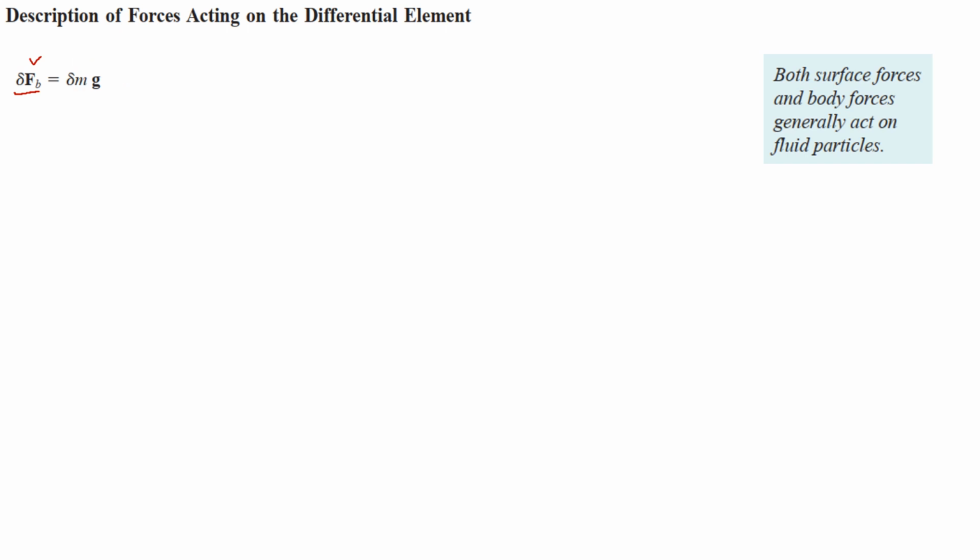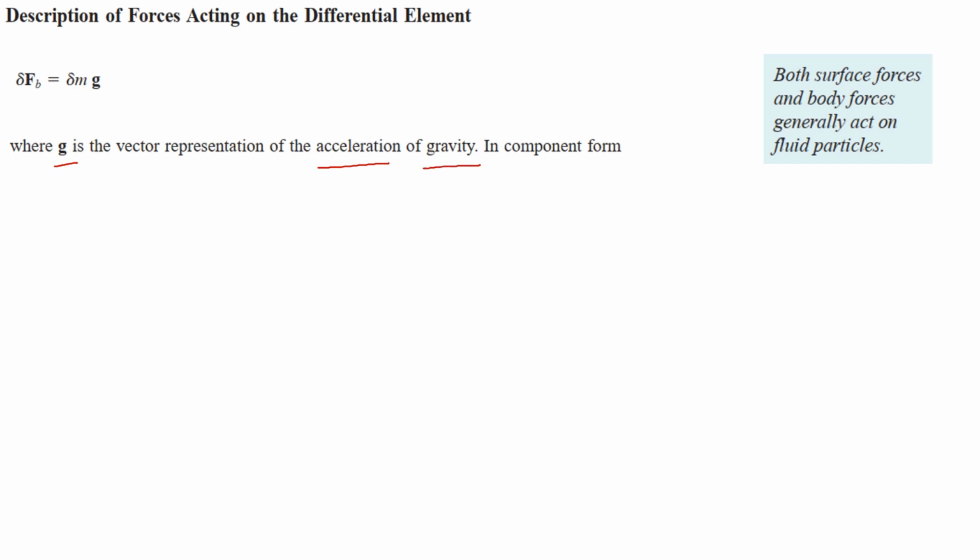So now let's write this body force in terms of the xyz axes, and here g is the vector representation of the acceleration of gravity, and in component form we can write this equation like this. So this is the weight of the particle acting in the x direction, in the y direction and in the z direction, and you can see that the direction is defined by the g here, because this is acceleration, and acceleration can be represented with both direction and magnitude because it is a vector.